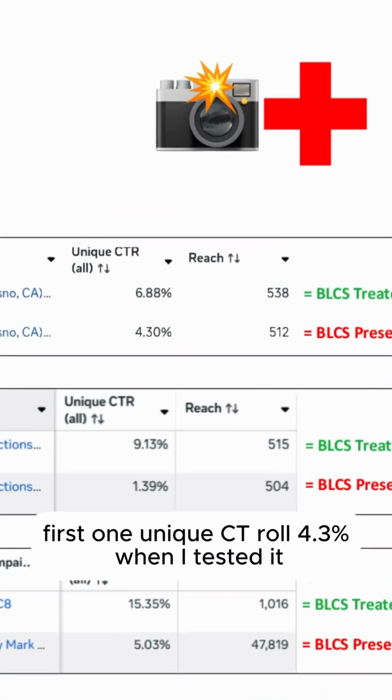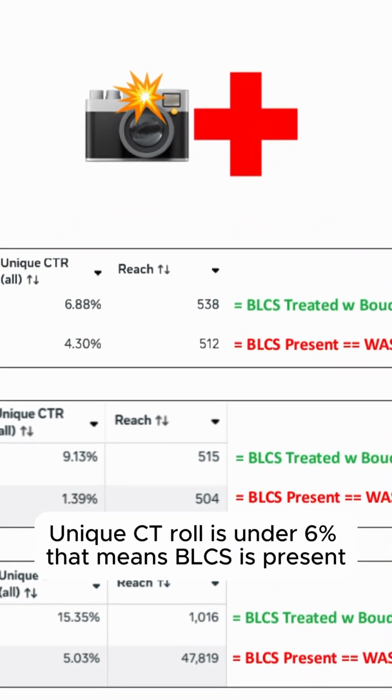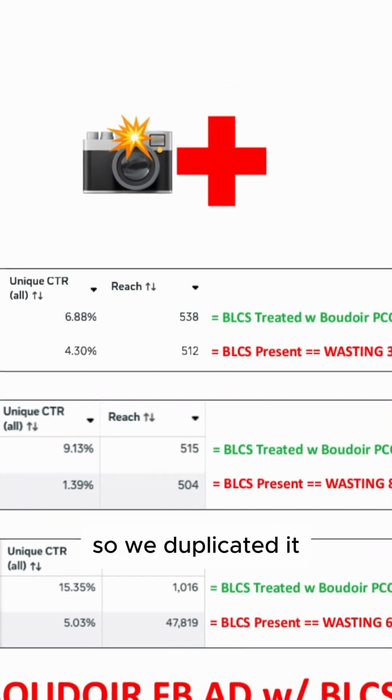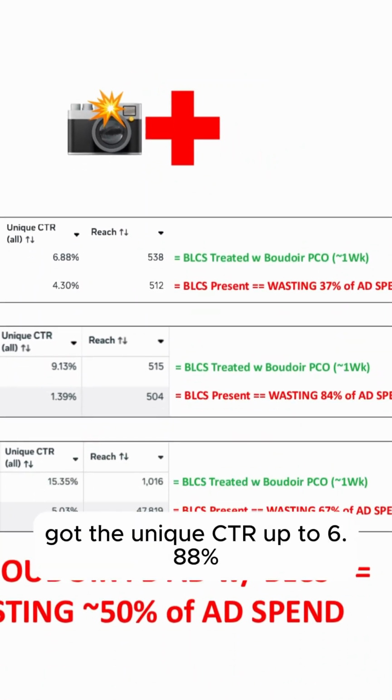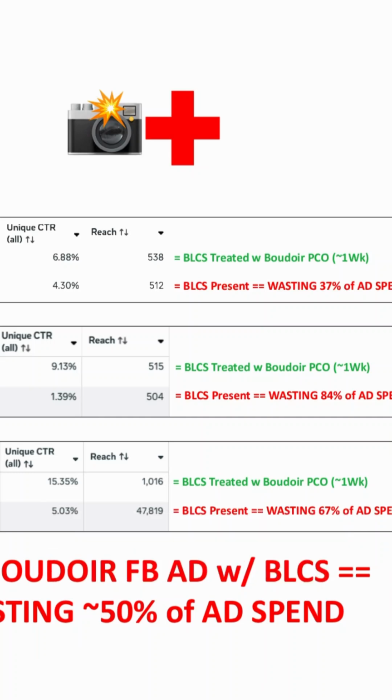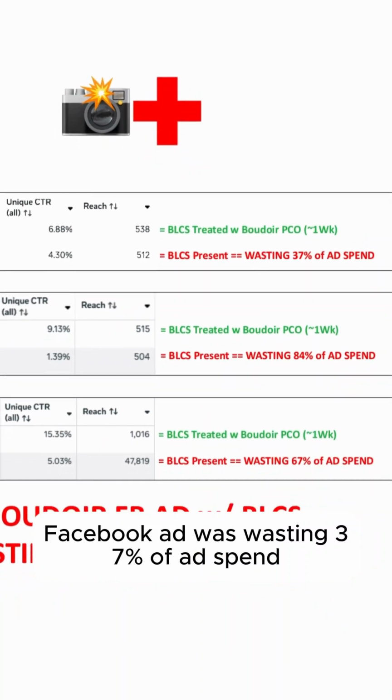First one, unique CTR 4.3% when I tested it. All right, unique CTR is under 6%. That means BLCS is present. So we duplicated it, treated it with boudoir Pico. Took about a week. Got the unique CTR up to 6.88%. So we found out the original boudoir Facebook ad was wasting 37% of ad spend.